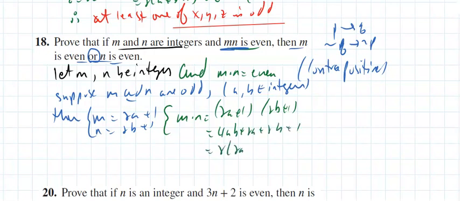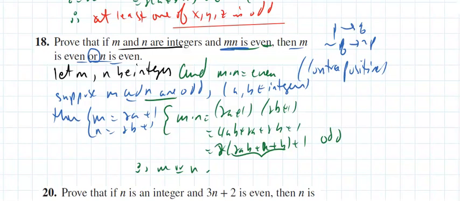Isn't that, we did this previously, right? 2 times the sum of integers plus 1. Isn't this odd? And it's supposed to be even. So what does that mean? That means my assumption is false. And what was my assumption? My assumption that m or n is even.